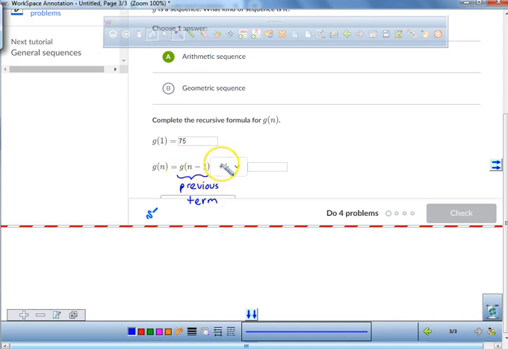Now, right here, you see where it says plus or multiply? You're going to put plus, but we're not adding a positive, we're actually adding a negative. So what I'm going to do right here is type in 75. That's my a_1. And I'm going down by 2. So this would be my final answer: the previous term minus 2.